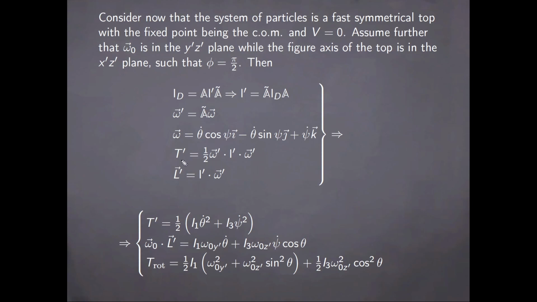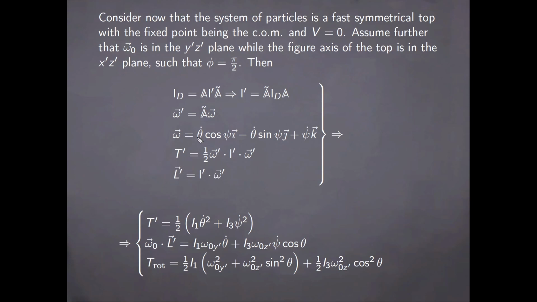And then of course we have a kinetic energy for the rotation of the body as seen in the Earth frame. So this is the proper rotation of the body as seen in the Earth frame, which is this contraction, and the angular momentum is of course given by this contraction.